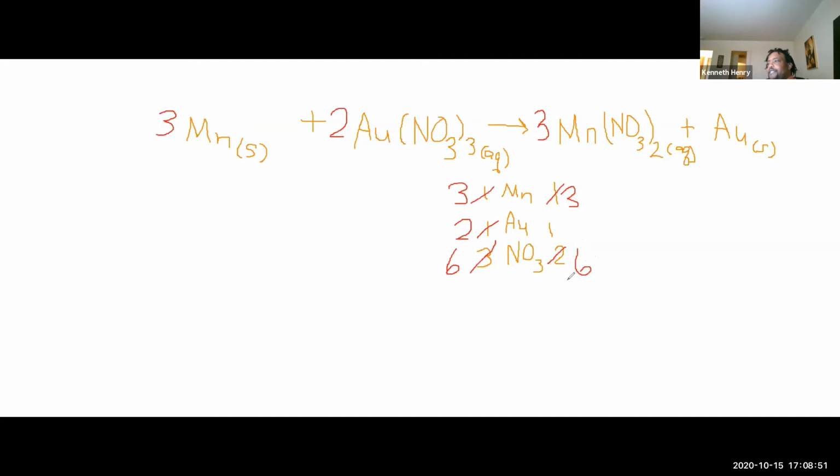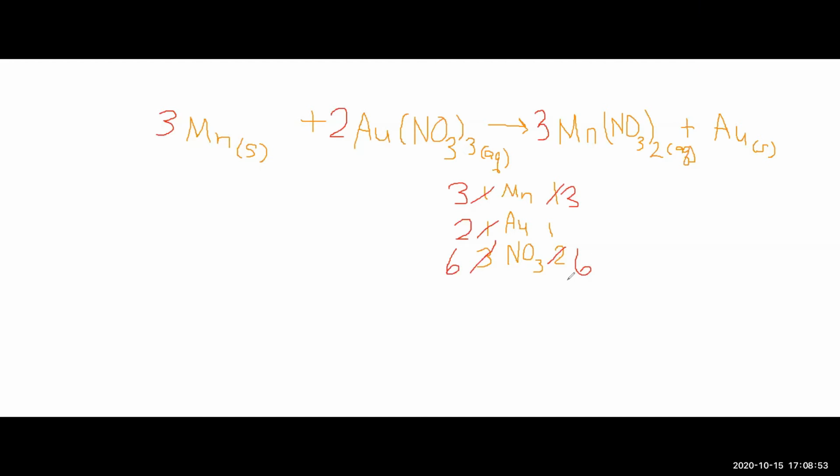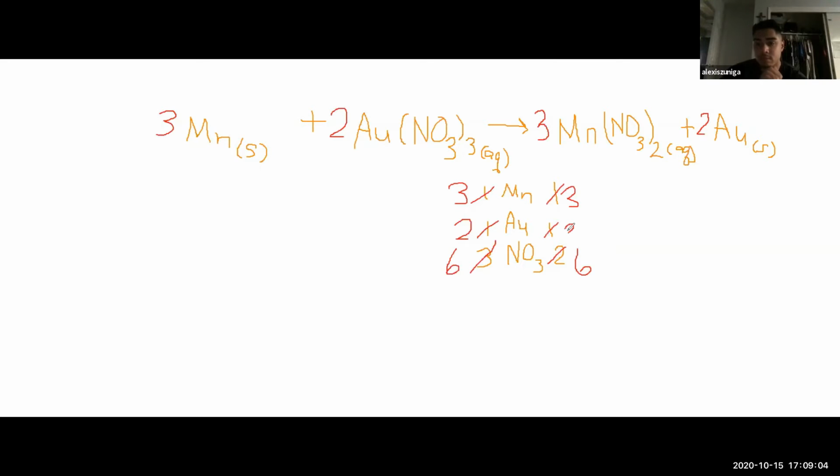Is that balanced? No. And then you want to put a 2 on gold on the other side, on the product side. Okay, so got everything balanced. Good, good, good.